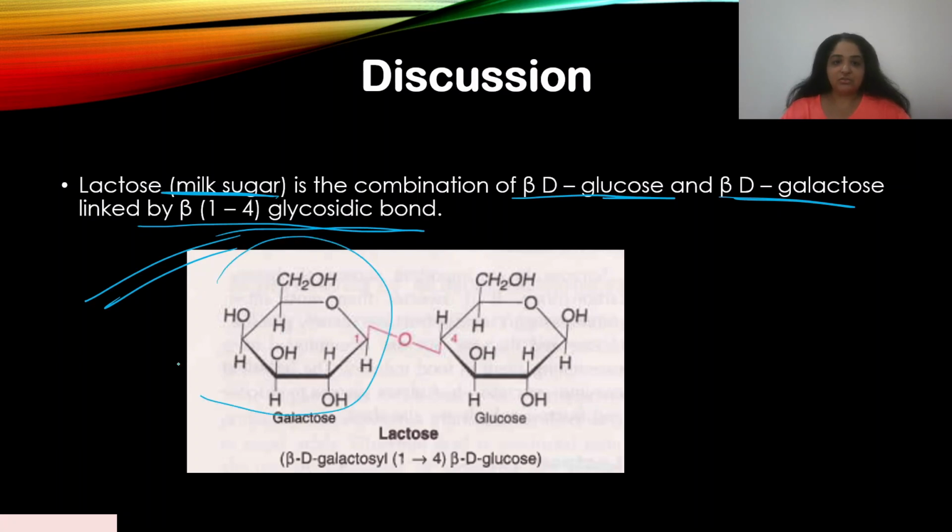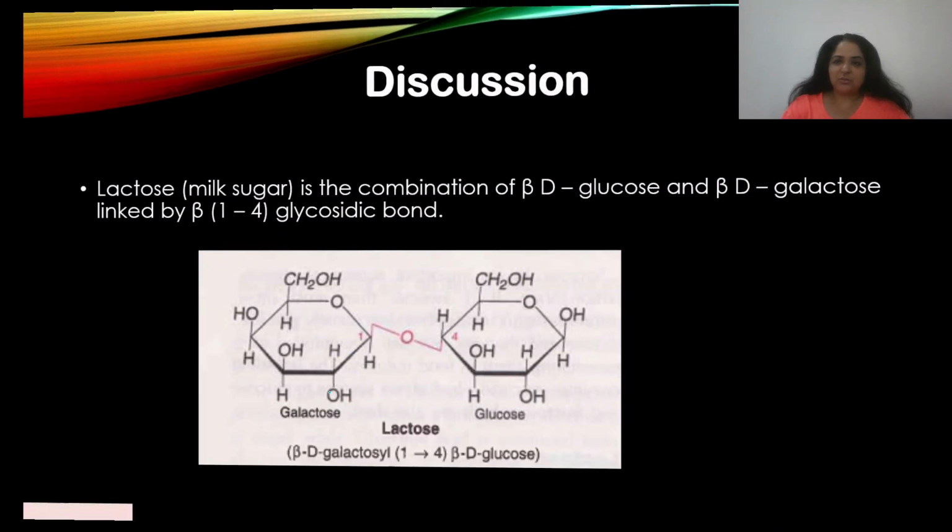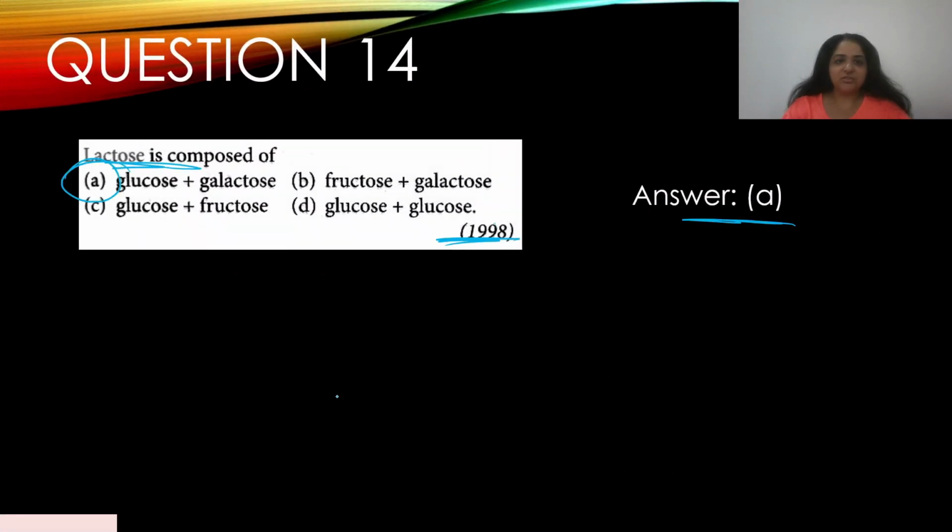This is the structure of galactose, the structure of glucose, and this is the 4th position over here, linked by the glycosidic bond. You need to know it is a disaccharide, a combination of galactose and glucose. That is what they were asking in the question.